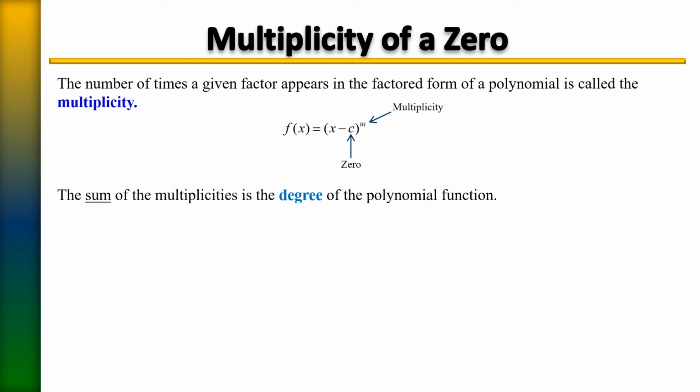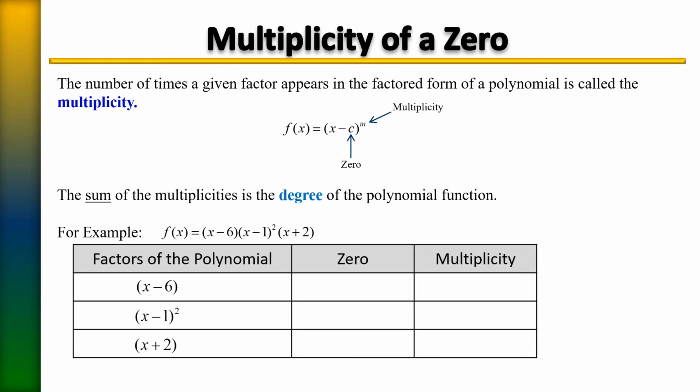So for example, here I'm given the factored form of this polynomial, and I want to identify its multiplicity and its zeros, and then determine the degree of the polynomial. Starting with the first factored form, x minus 6, what is the zero?